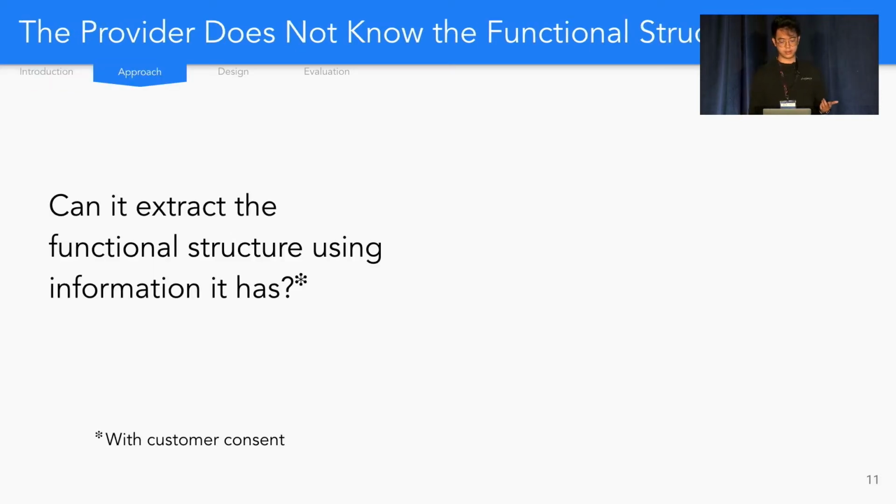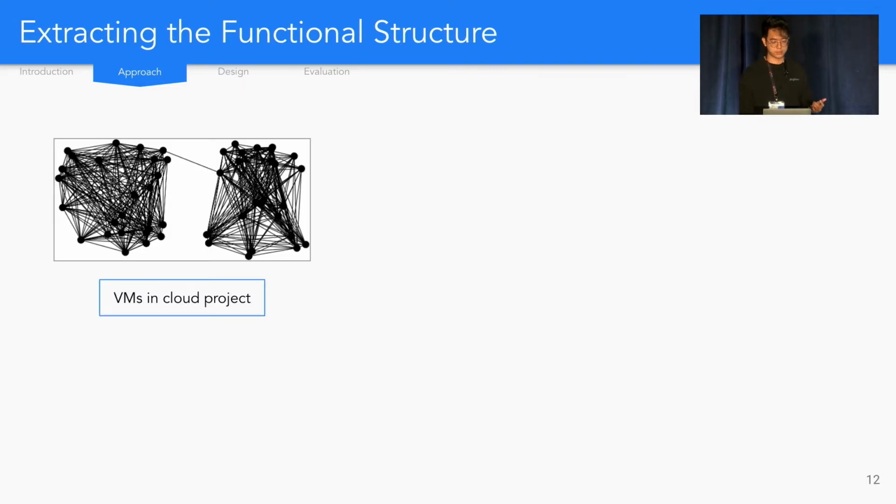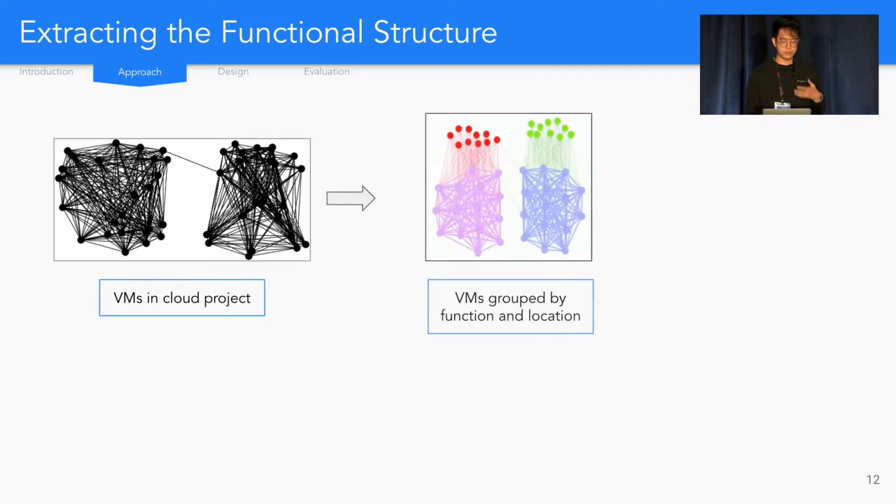Cloud providers typically don't know the functional structure of a customer's project. In our work, we show that with customers' consent, you can extract the functional structure using the VM-to-VM traffic. To extract the functional structure, we first take the VM-to-VM traffic communication graph. Then we group the VMs by function and location information.